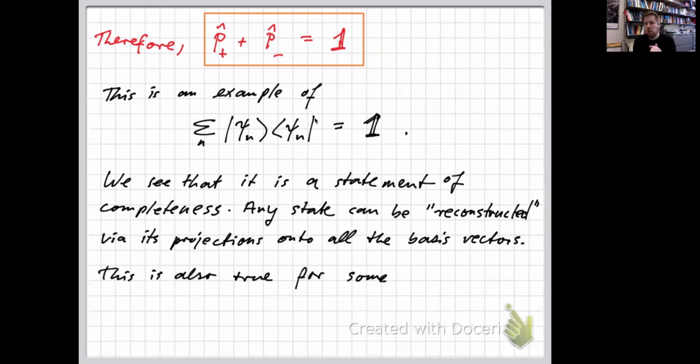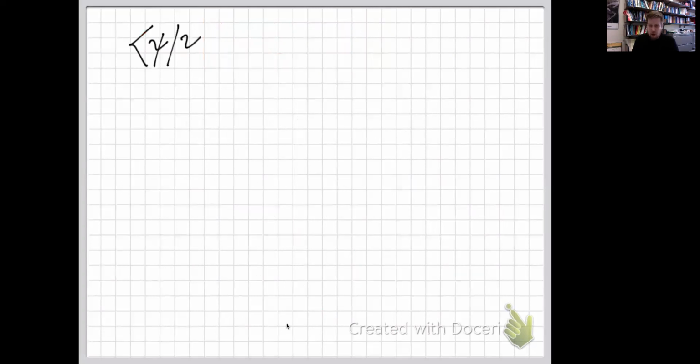Okay, and this idea is true and generalizes to infinite dimensions. So when I have, say, a position space, I can say that this is equal to 1 for a similar reason, because the position basis is complete again. I want to illustrate that here as well.